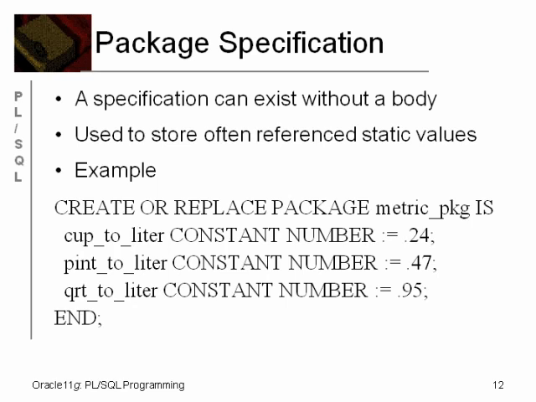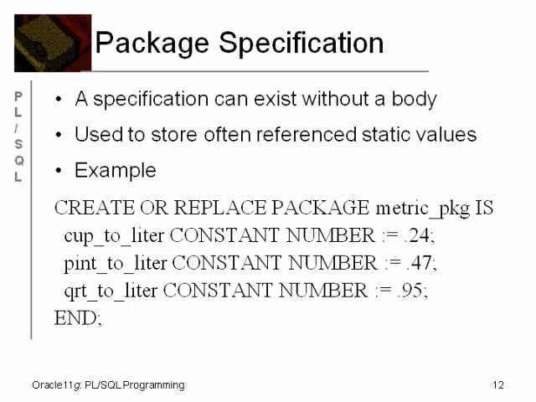You want to have that conversion rate at hand anytime you need it for a calculation, so you can create a package that stores those constants. A cup to liter conversion is 0.24. A pint to a liter is 0.47. A quart to a liter is 0.95.